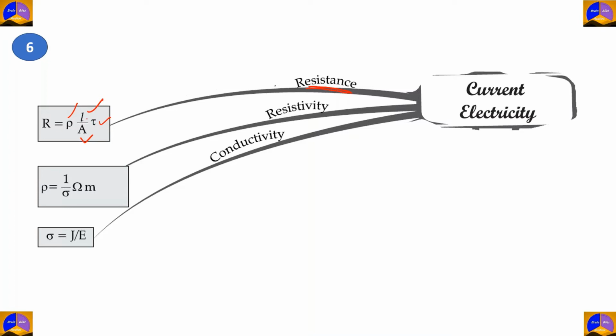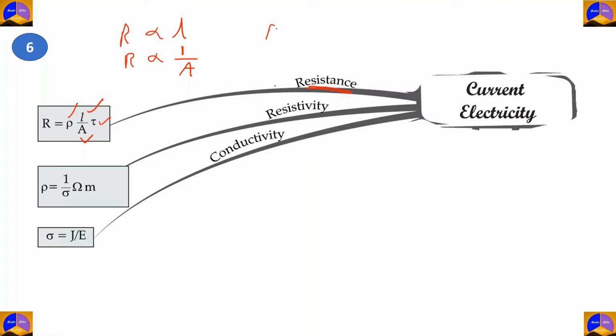So let's look at our variables. Resistance is directly proportional to the length of the conductor in question, and it is also inversely proportional to the area of the conductor in question. So the longer the conductor, the more the resistance, and the wider the conductor, the less resistance it develops.